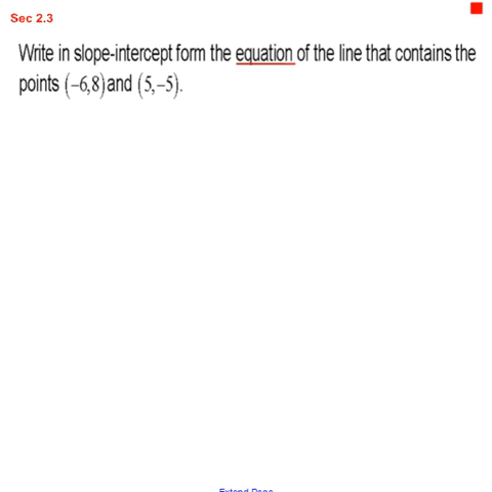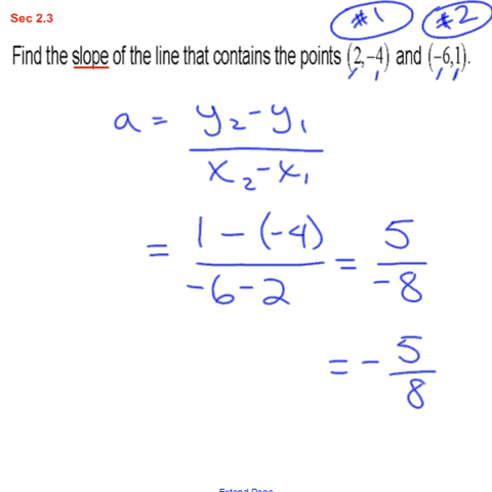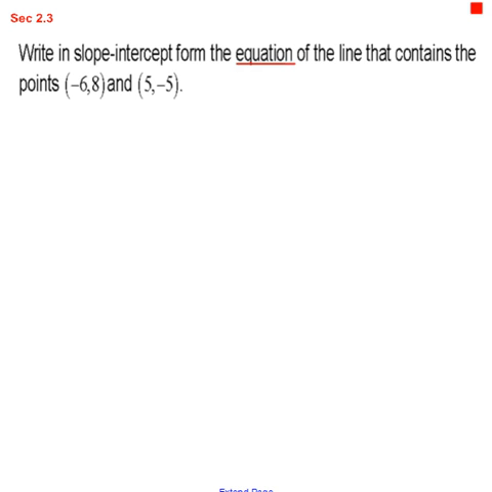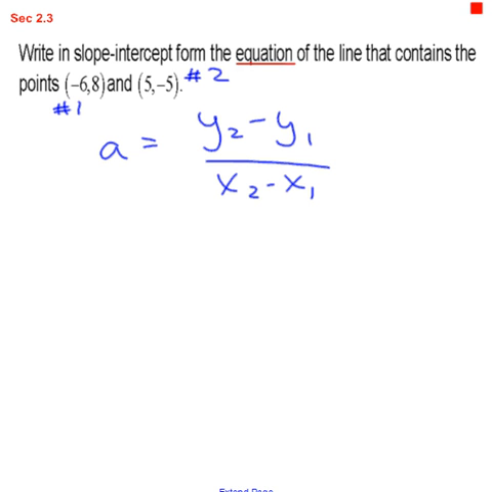The first thing you're going to do is find the slope. Now let's see, are these the same points we used before? No, they're not. Okay, so we're going to redo the slope. So A still is y2 minus y1 over x2 minus x1. I call this point number 1, this point number 2.